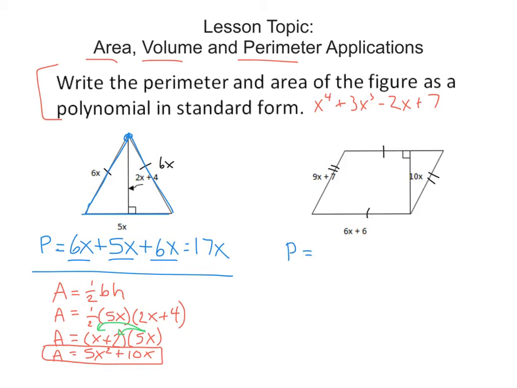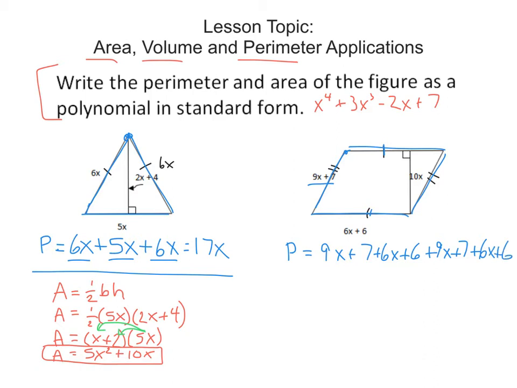So the perimeter is the distance around, so I'm going to start here. I'm going to add 9x plus 7 plus 6x plus 6 plus this here, which is congruent to 9x plus 7, so 9x plus 7, plus my last side over here, which is congruent to this, which is 6x plus 6.